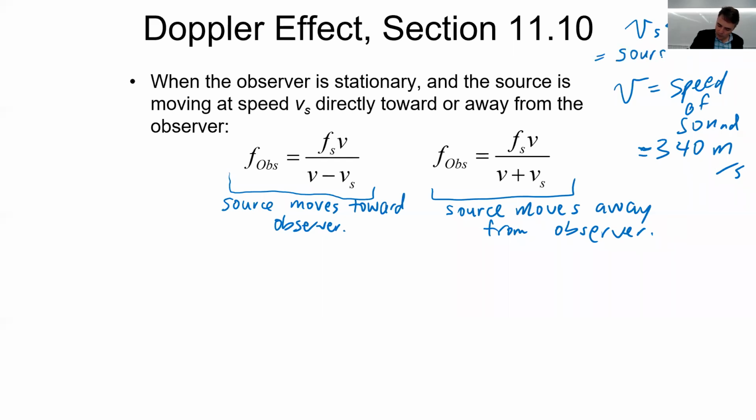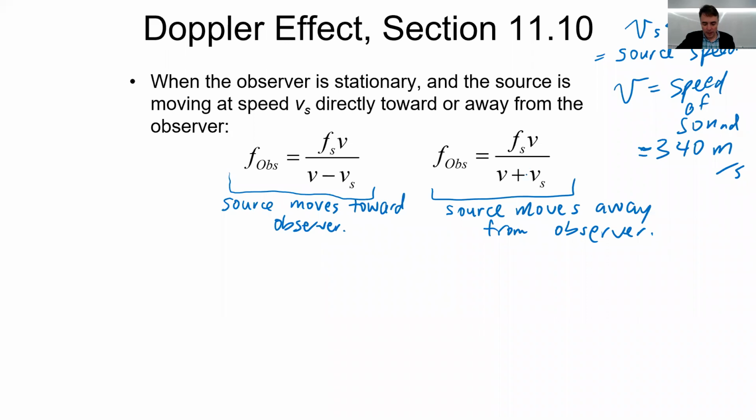And Vs is the source speed, which has to be less than the speed of sound, because otherwise, for Mach, it doesn't really work. If the source is moving towards you, the denominator is a little bit less than V, so you do V minus something a little less than V, and you get a higher observed frequency.